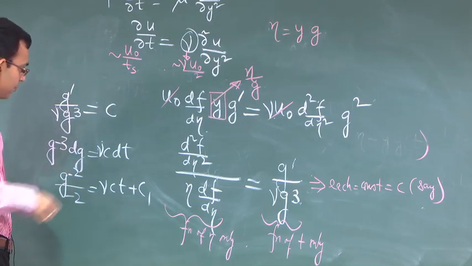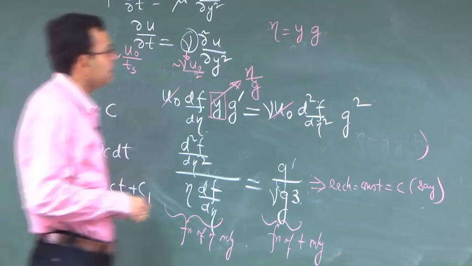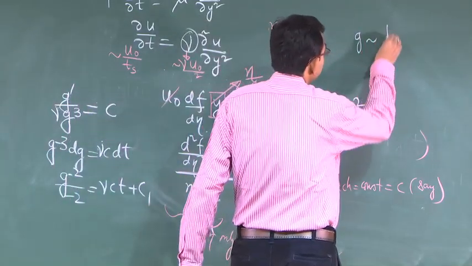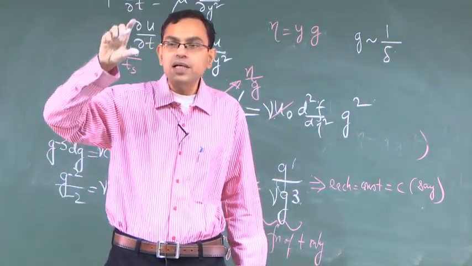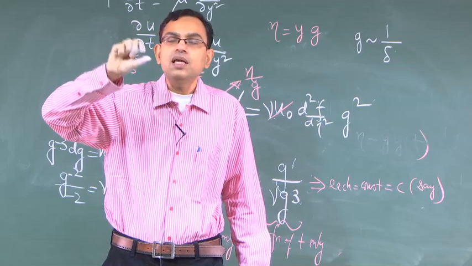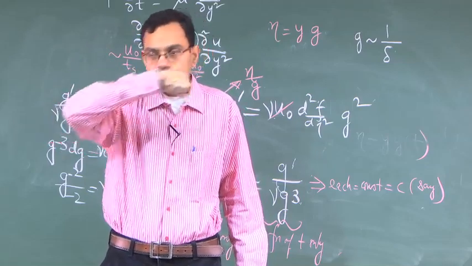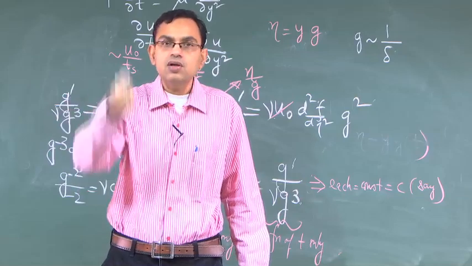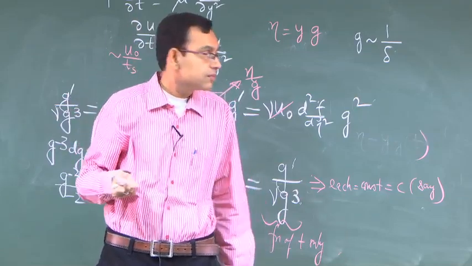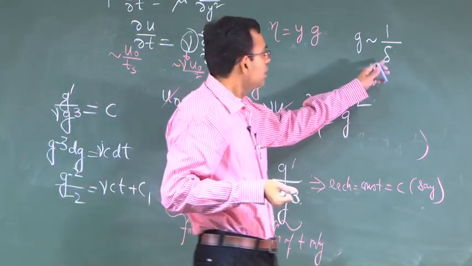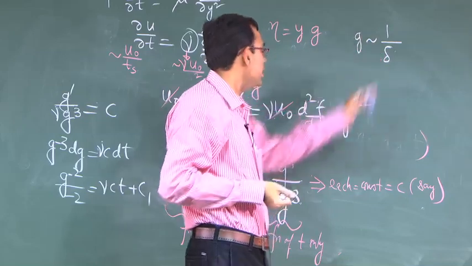What is the value of c1 at t equal to 0? What is g? Remember, g scales with 1 by delta. So, at time equal to 0, what is the penetration depth of the effect of movement of the plate? The plate movement has just started, right. So, it has not propagated, the effect has not propagated into the fluid at all. That means, at time equal to 0, you have delta tends to 0, that means g will tend to infinity.